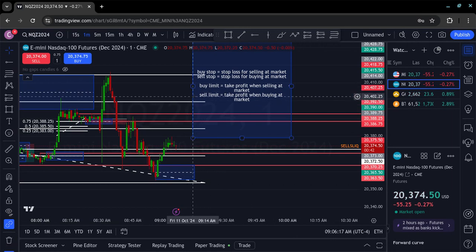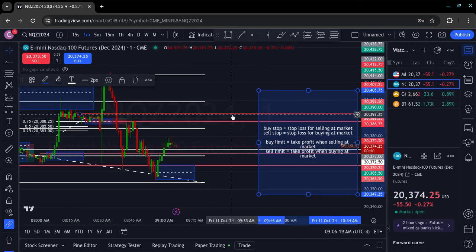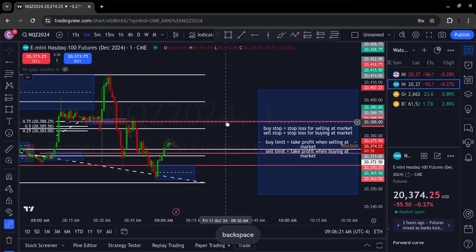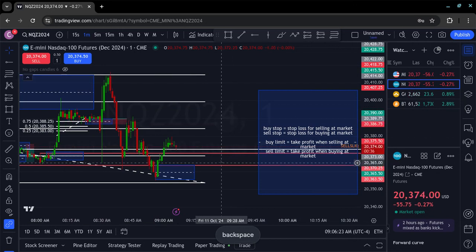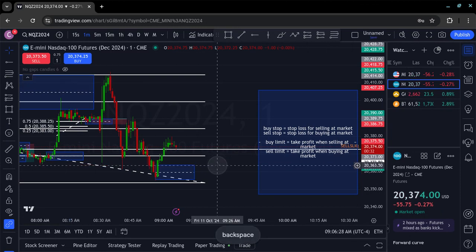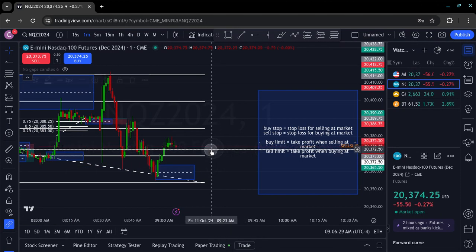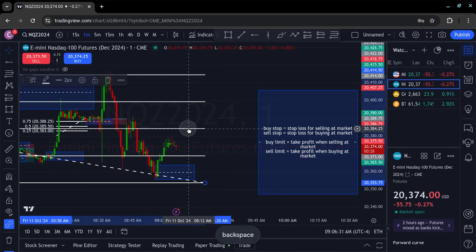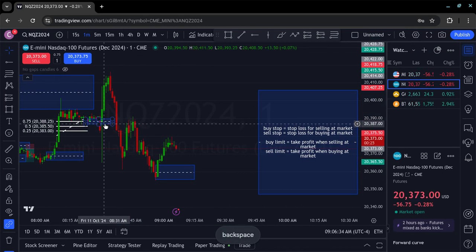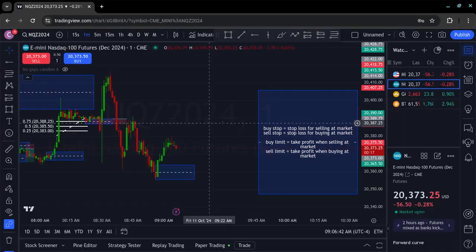Let me delete a lot of this stuff. It was right here when I got cooked. I'll show you. I thought my stop loss was going to be triggered here.